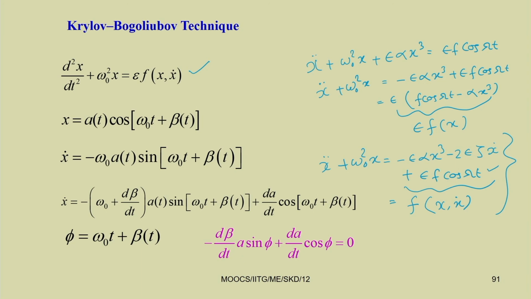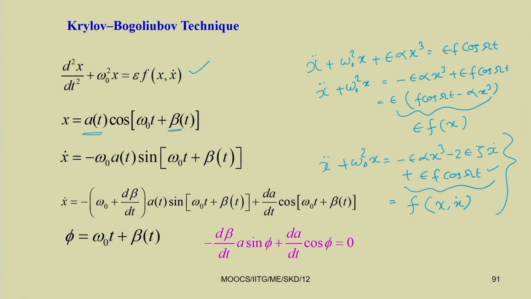For the second order differential equation we are using two constants, a and beta, but here both are slowly varying functions of time. That is why it is written x equal to a t cos omega 0 t plus beta t.